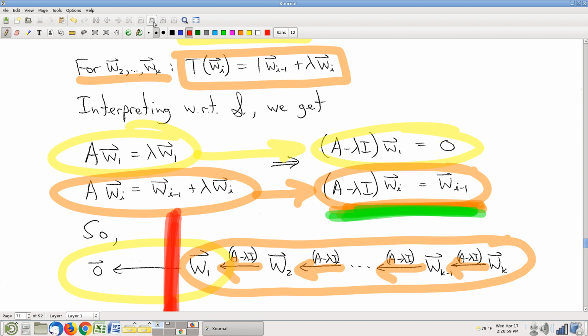Are you talking about not the first Jordan basis vector for a given block, or the first Jordan basis vector for a given Jordan block? The big difference, of course, is that the first one is always an eigenvector. The others are never eigenvectors. So you get these different equations accordingly.